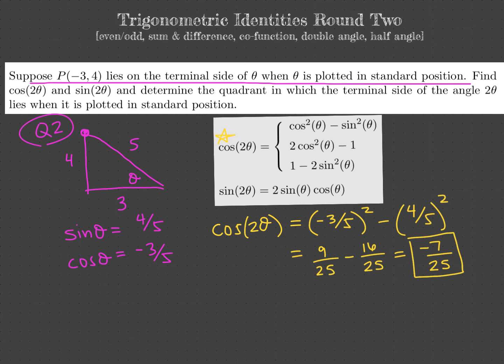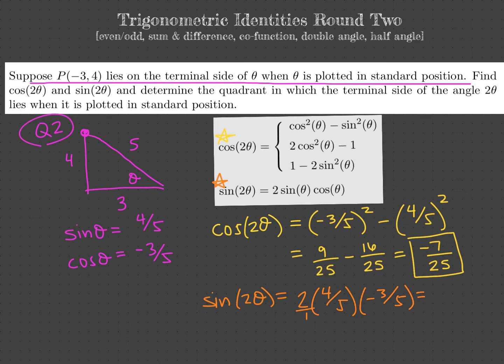Then we can find the sine of 2 theta using that double angle identity, which is 2 sine theta cosine theta. We know what each one of those is. We have to multiply them and then multiply by 2. So we'll have 2 times 4/5 times -3/5, and this is really 2 over 1.